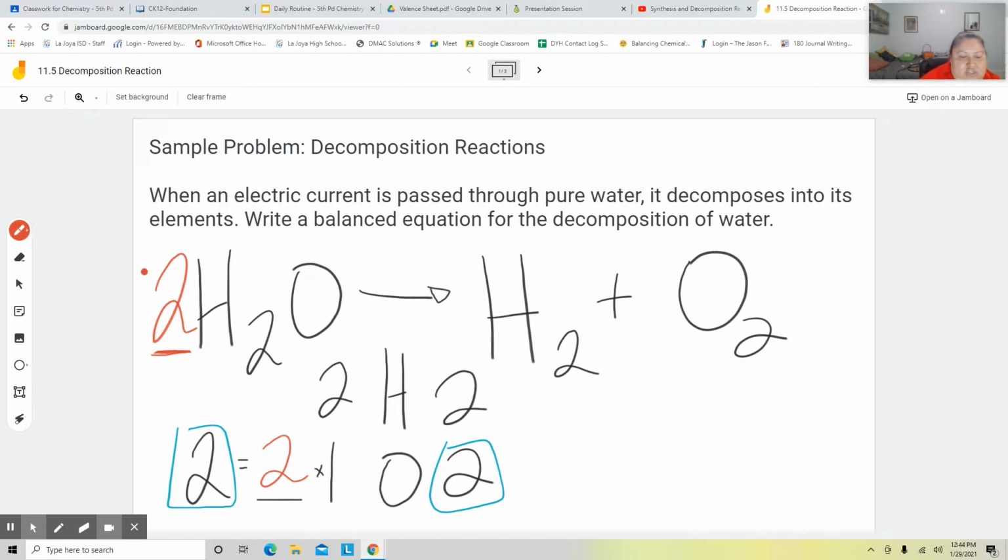All right, and that's going to change things, right? It's going to change it because look, now I have a 4 on the left for hydrogen. That definitely does not match the right side. What do I do to make it match?